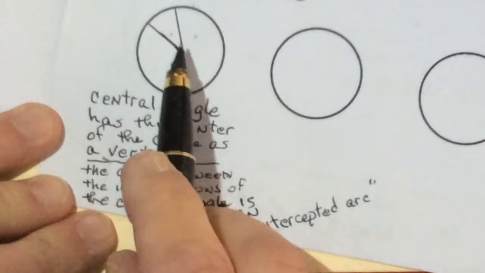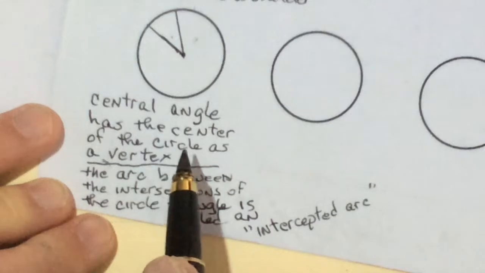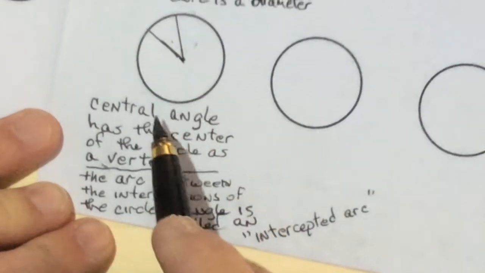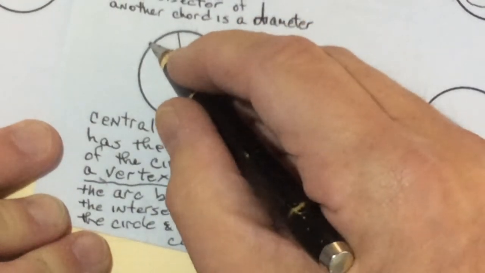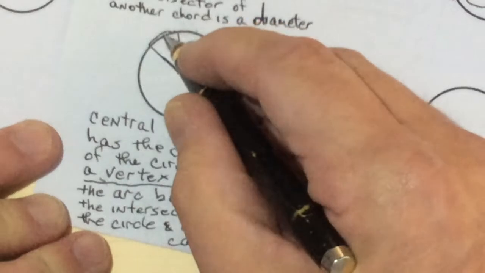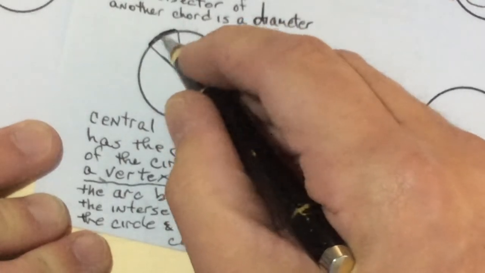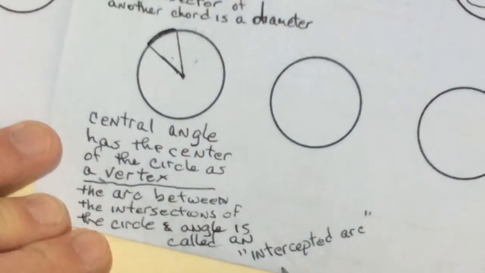I've got this central angle that is a central angle because it has the center of the circle as a vertex. And then this arc here that is between the intersections of the circle and the angle right here is called an intercepted arc. Okay, that's what it's called.